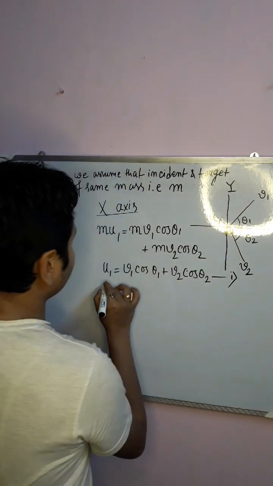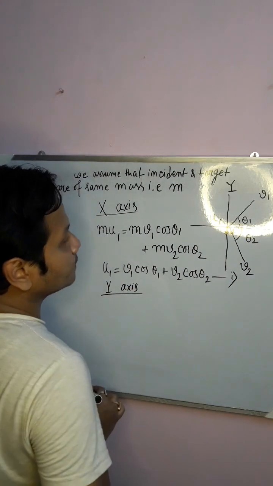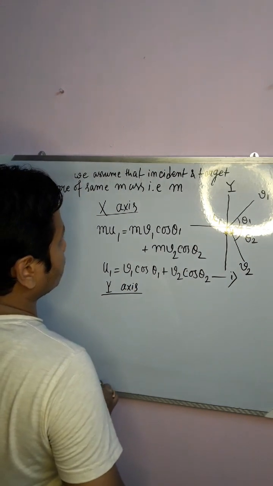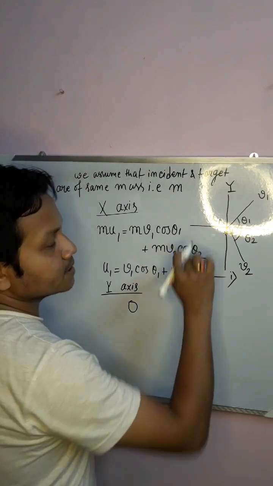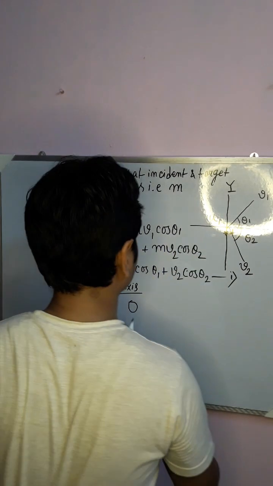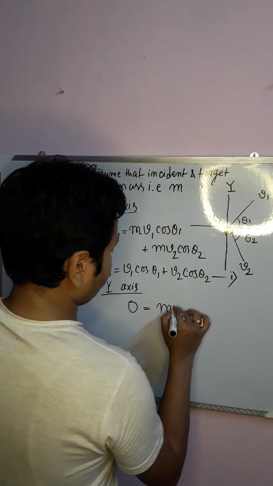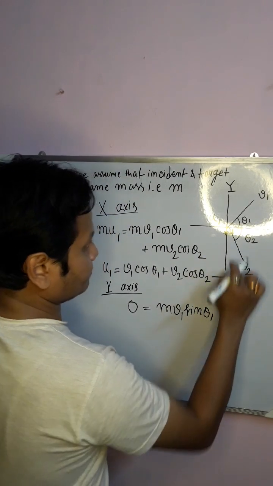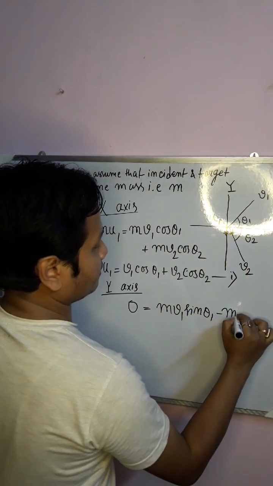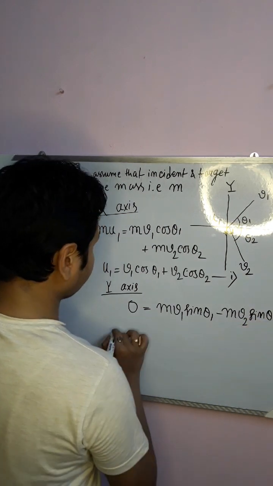Now we apply the law of conservation of linear momentum along the y-axis. Since the particle initially moves along the x-axis, there is no y component initially. So this is m v1 sin theta 1 in one direction, and minus m v2 sin theta 2 in the negative direction.